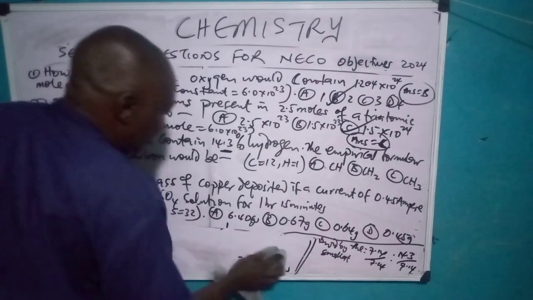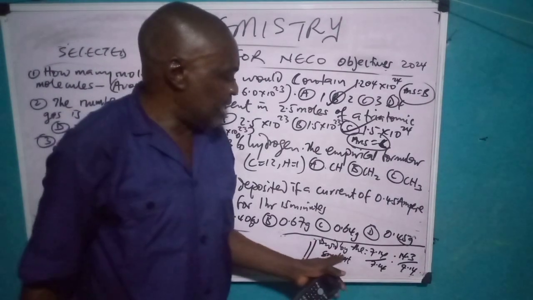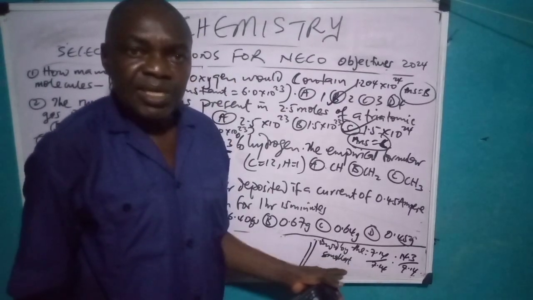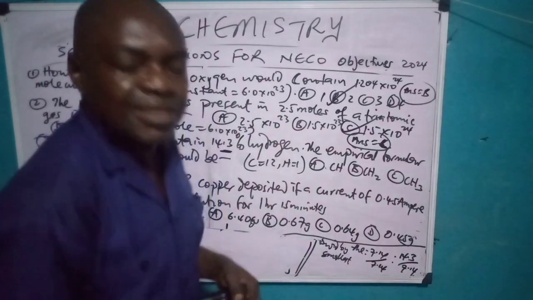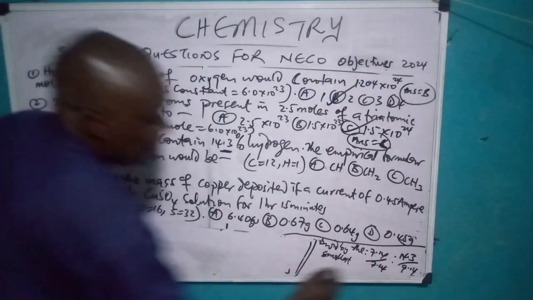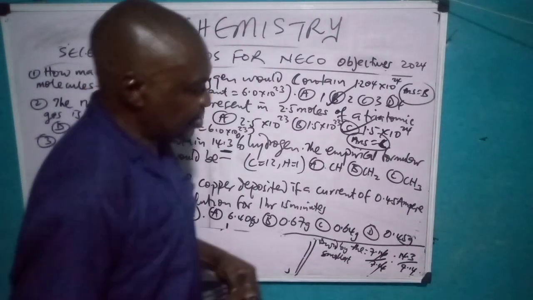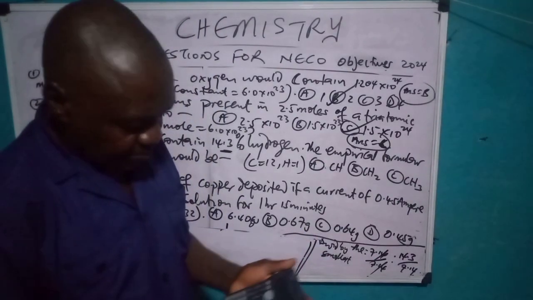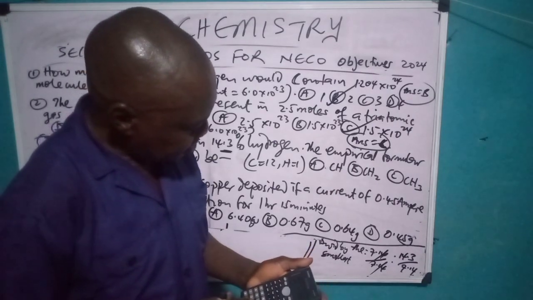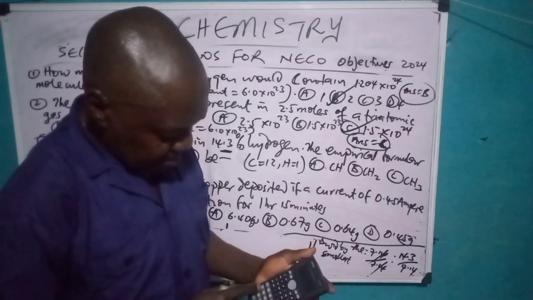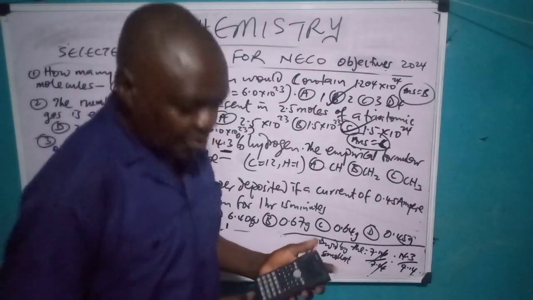It is when you have both of them now that you have the right to use ratio. Before then, there is no ratio. The reason why we have that ratio is because we are dividing by the smallest to get the mole ratio. It's when you divide both values by the same number that you can write them in ratio. If you divide this by this, you have 1 ratio 14.3 divided by 7.14, which gives you 2.00.